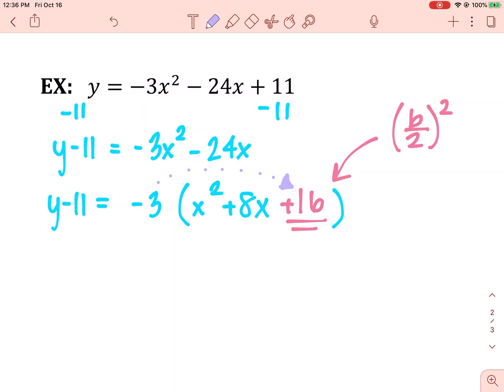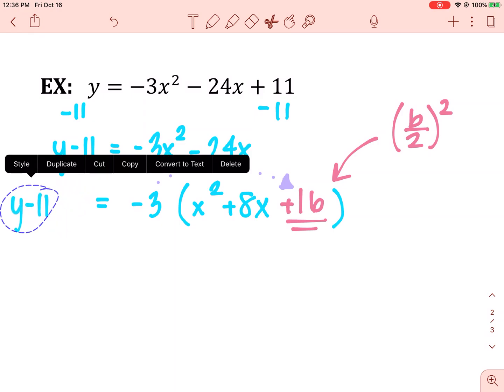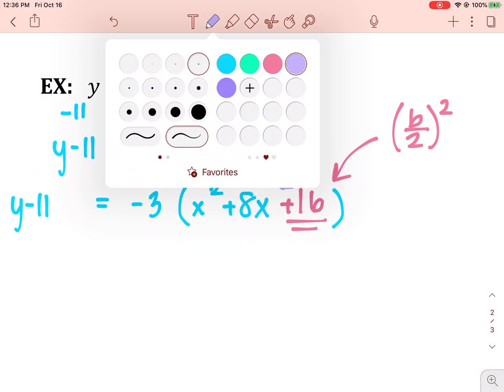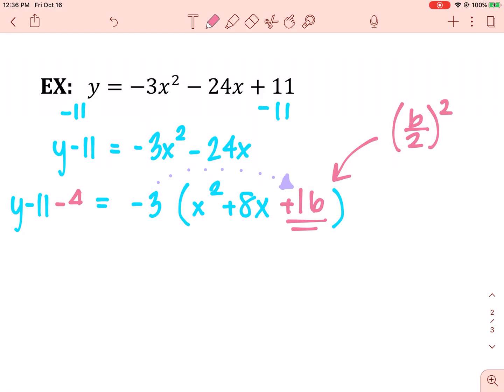I really subtracted 48, negative 3 times 16. On the right side, I actually subtracted 48. So what you do to one side, make sure you do to the other. This only occurs when you need to factor out your leading coefficient.